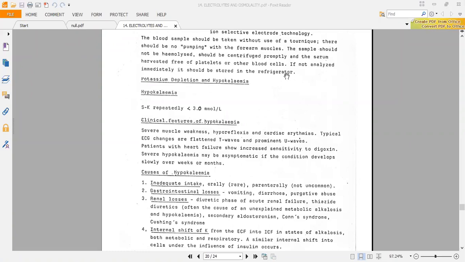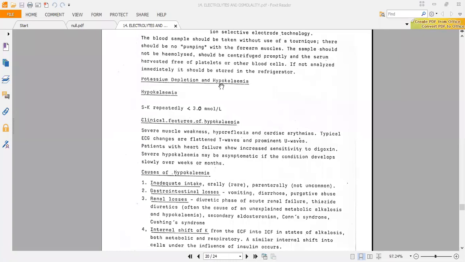So it's going to affect muscles, neurons, and the heart. For the heart, it will cause arrhythmias. For the neurons, it will cause hyporeflexia. And for the muscles, it will cause muscle weakness. So these are the organs that are affected by potassium levels. Okay, good.